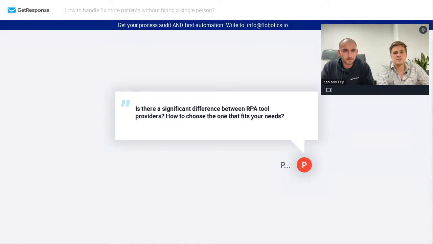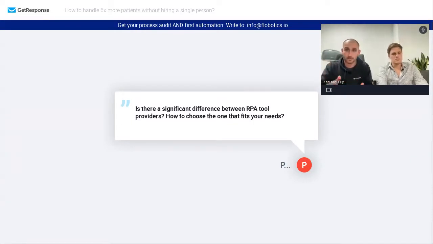Is there a significant difference between RPA tool providers? How to choose the one that fits your needs? It's a hard one to answer in general, right? Probably again the best answer would be it depends. It depends on the preferences of the developers, because more or less they all do the same thing.